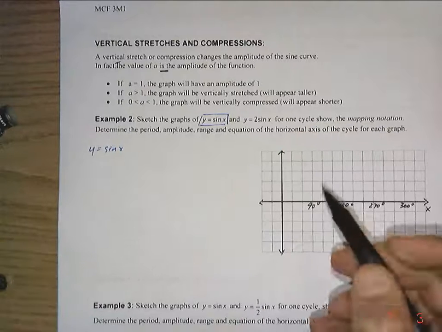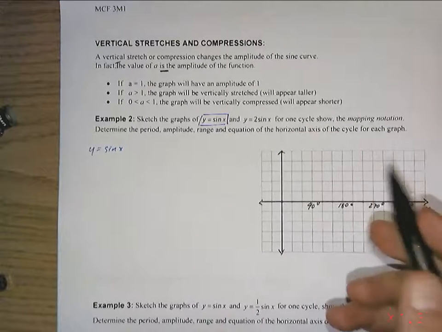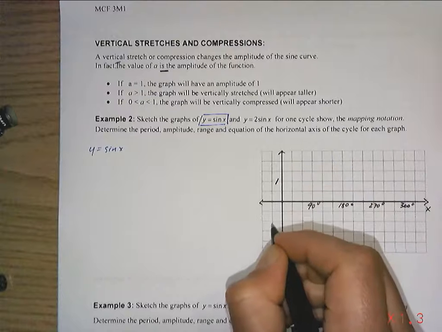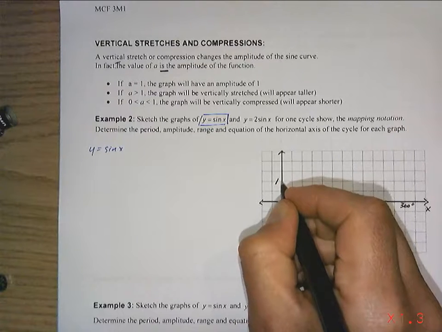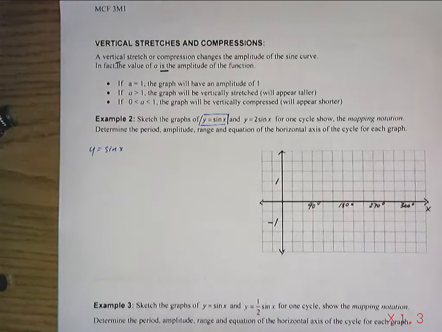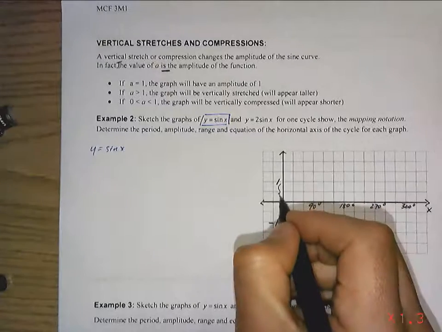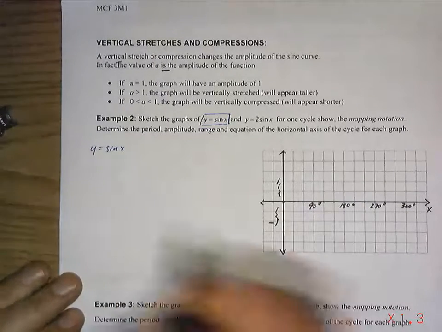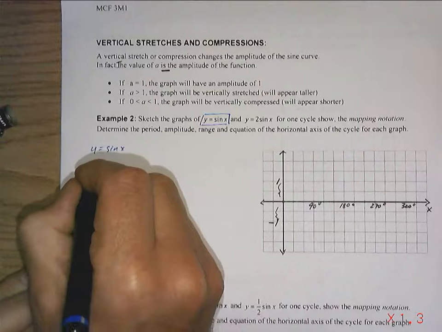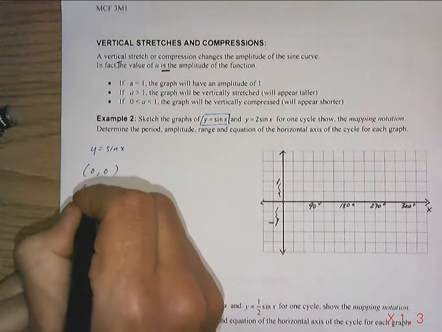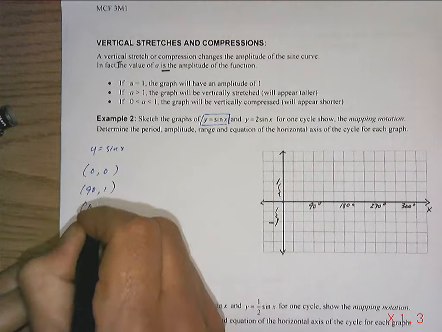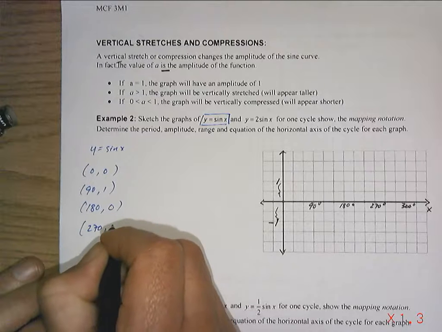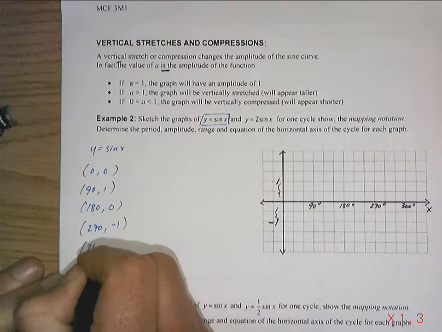Now, I want to be able to go up to 1. So I'm going to make this 1, and I'm going to make this negative 1. Now, I chose to go up to the second one here for a reason, and it'll become apparent in a minute. So I come up to 1, I come down to negative 1. So remembering the sine curve, what does it look like? It looks like 0, 0, 90, 1, 180, 0, 270, negative 1, and 360, 0.